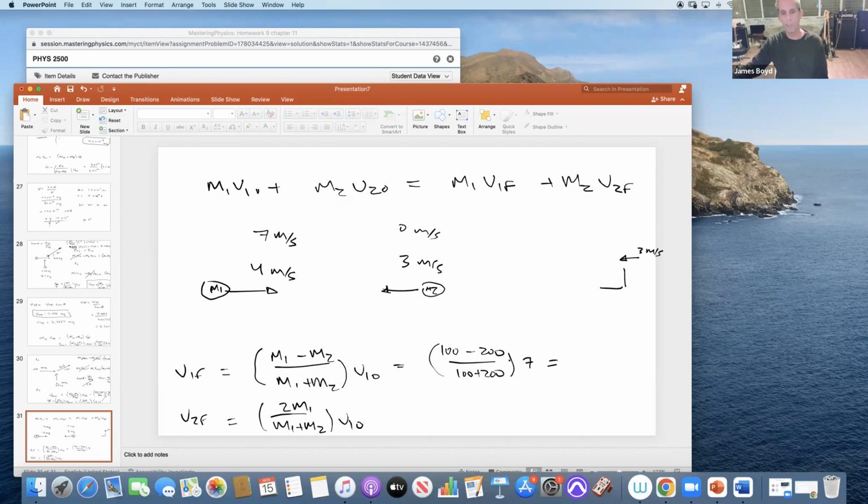So this is negative 1/3, negative 7/3. And this one is 2 times 100 over 100 plus 200 times V1 initial, which is 7. So that is 2/3 times 7.